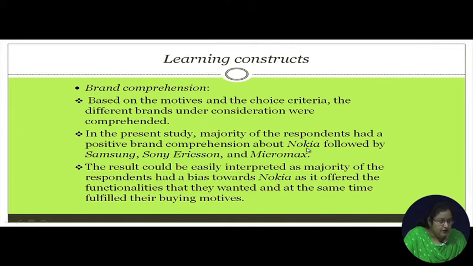In that way, we have assumed that Nokia is a sturdy brand, Samsung is a stylish brand, Sony is again a very elegant brand, and Micromax is a relatively cheaper brand. This is how the four perceptions were formed at that time, and the choice set was like this. Most positive perception was towards Nokia, followed by all these brands.